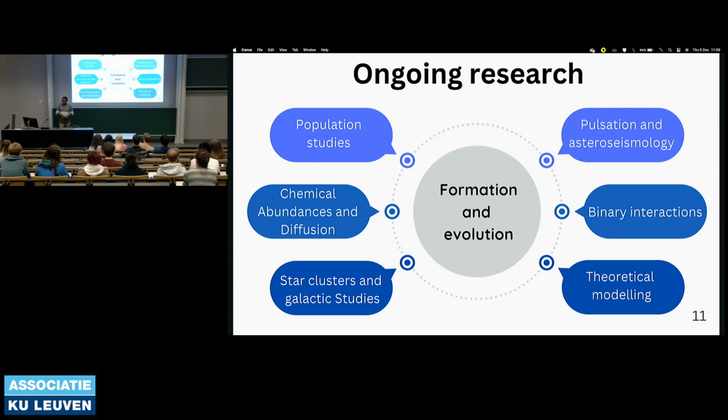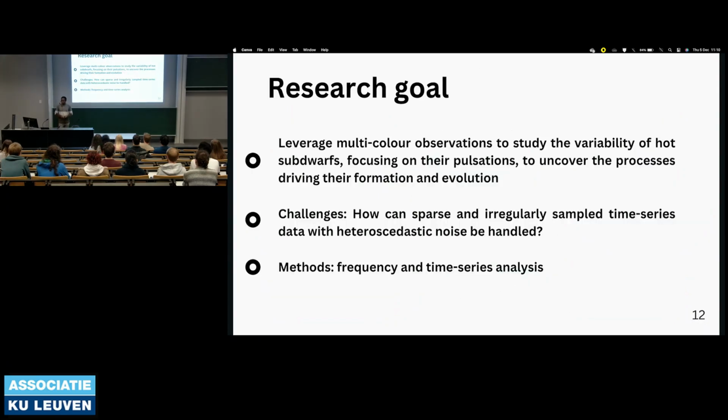Some research focuses on theoretical modeling of the formation and evolution. And this leads me to the goal of my research. The main goal is to study the variability, to understand the process behind the formation and evolution.